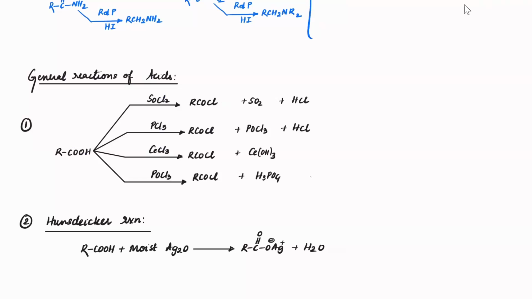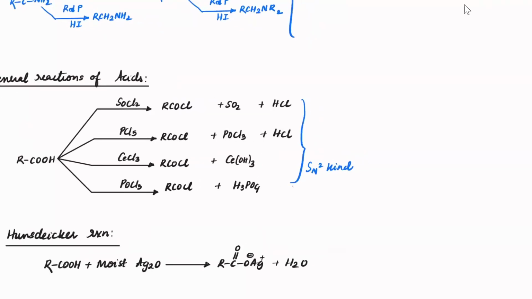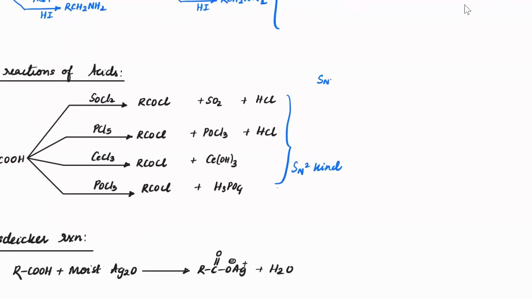All of these reactions are SN2 type, or SN2 kind. What do you mean by SN2 kind? It will basically be an SNi-type mechanism. How does that work? If you have RCOOH, first this oxygen will get connected with sulfur of S double bond O Cl2, and gets a positive charge on it.